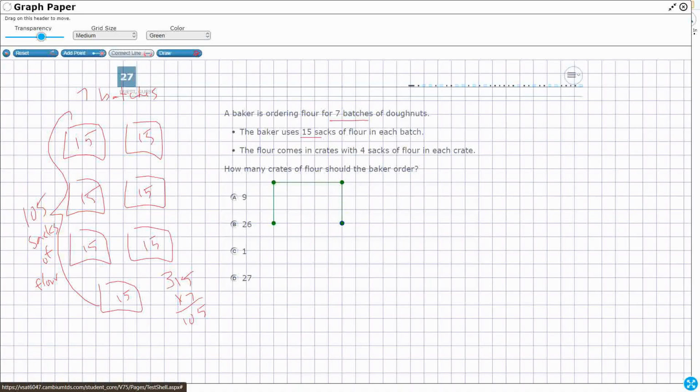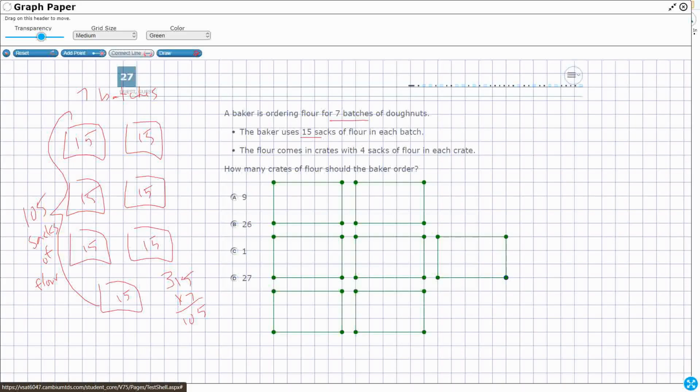If we literally want to count it out like this, I'm going to represent my 105 this way. Just because this next part might be a little bit easier, let's kind of separate out like this. You notice I've got a 3 by 5 array, just because I want this next part to also be visual. And I've got 7 sets of them. So there's my 105, right? I've got my 7 sets of 15.